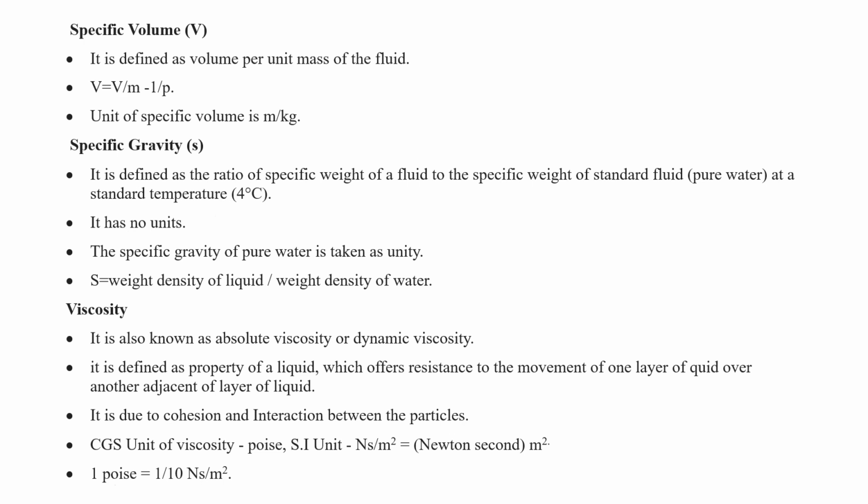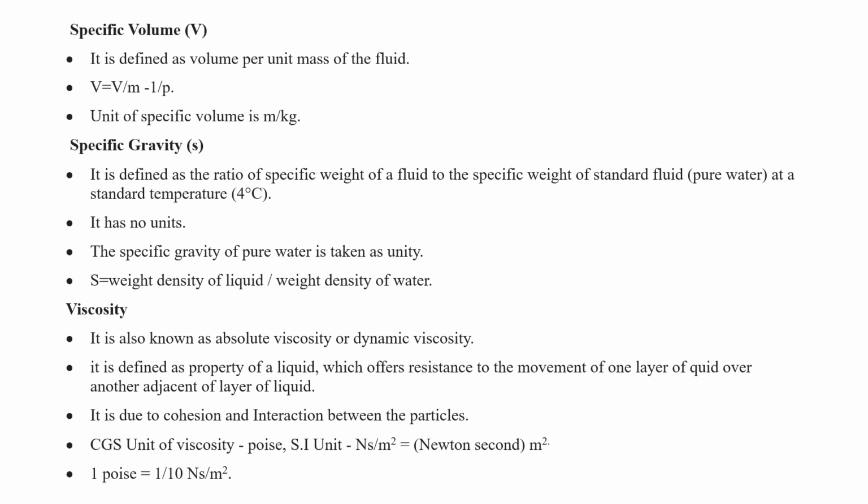Specific gravity is defined as the ratio of specific weight of the fluid to the specific weight of the standard fluid, that is pure water, at standard temperature, that is 4 degrees Celsius. It is a dimensionless quantity, and the specific gravity of pure water is taken as 1. Specific gravity S is equal to weight density of the liquid divided by weight density of water.